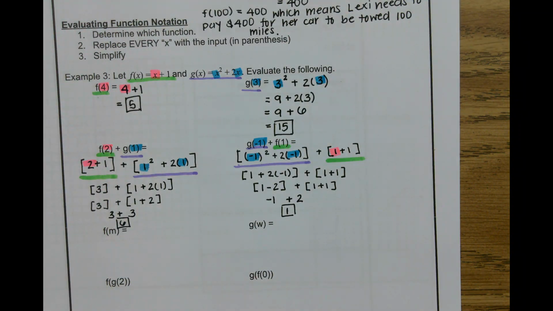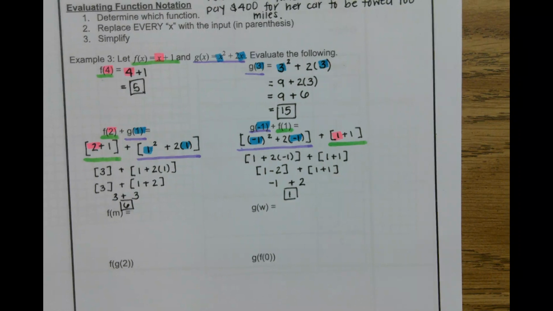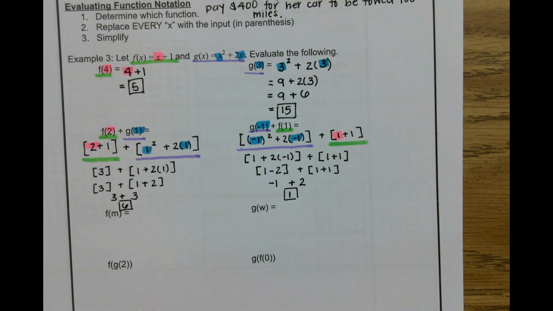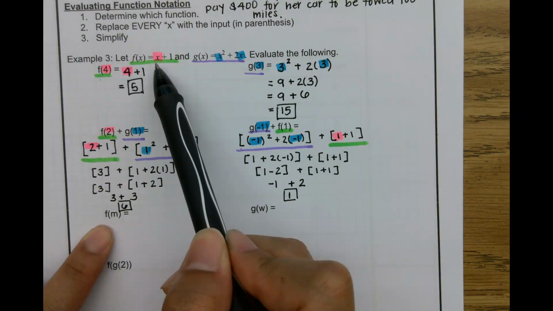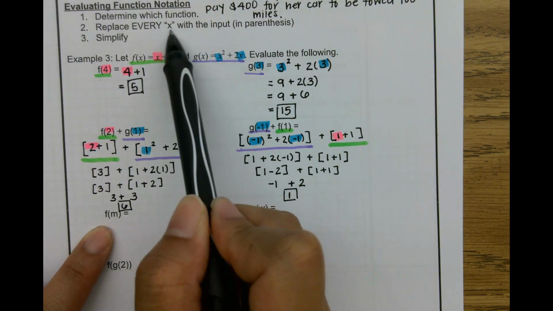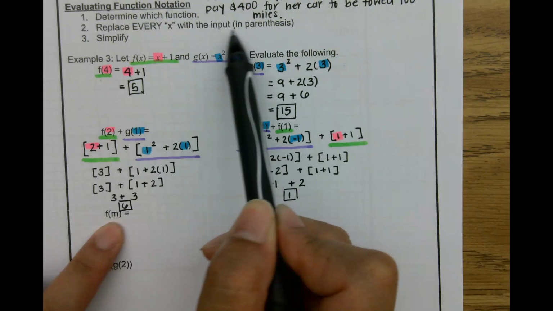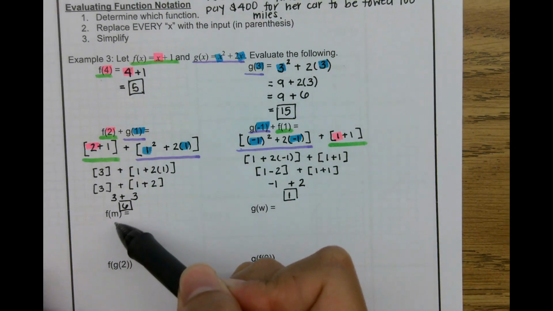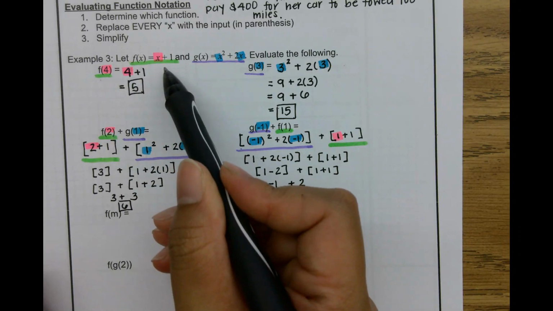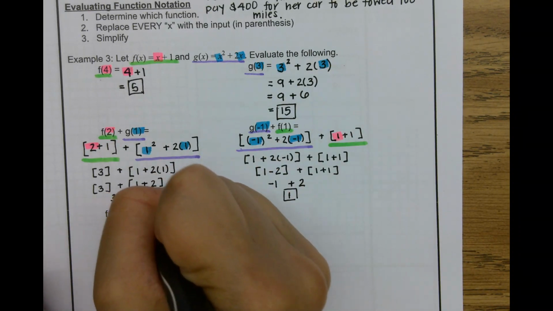Okay, next we have f of m. It looks really complicated. When kids see this, they freak out for some reason because it's not a number. But you're just doing the same thing, okay? You're determining which function. So it says f, so I'm going to use the f function. And then you're going to replace every x with the input, the thing in parentheses. So simple enough, all I have to do is plug in m for x. m plus 1.